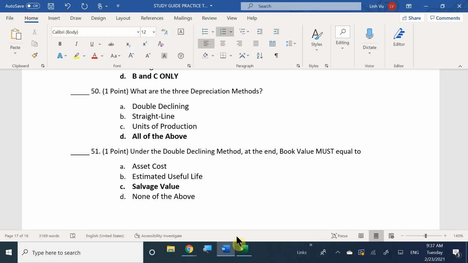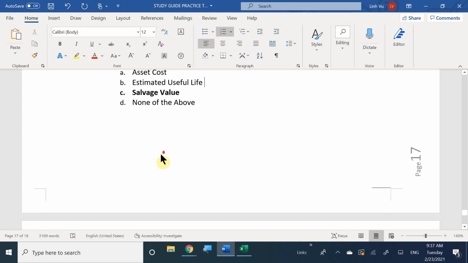What happens? You can depreciate it twice as fast, so therefore it may not even last that long. And lastly, none of the above is obviously not right. So again, book value must always be equal to salvage value, and you cannot go below it. And if you do go below it, you need to adjust accordingly, so that the salvage value is equal to book value.